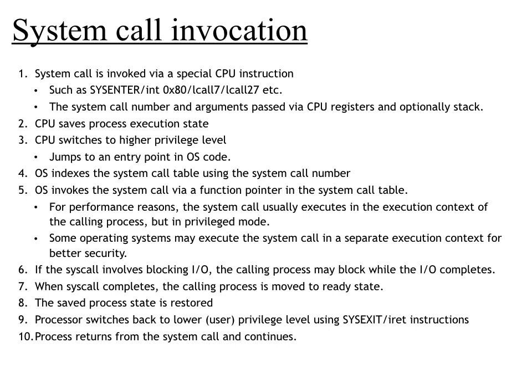Once the system call is invoked, then in step 2, the CPU recognizes that this is a special instruction and it would save the process execution state so that it can return to that state at a later time. The CPU then switches the privilege level to the supervisor mode and then jumps to an entry point in the operating system code, which then executes with the supervisor mode privileges.